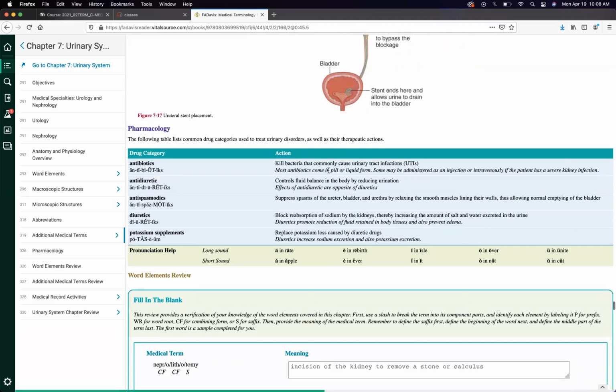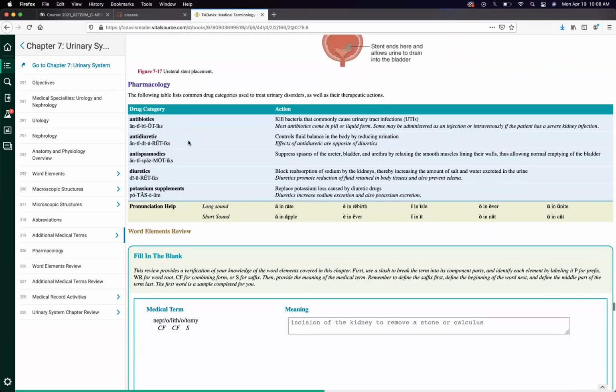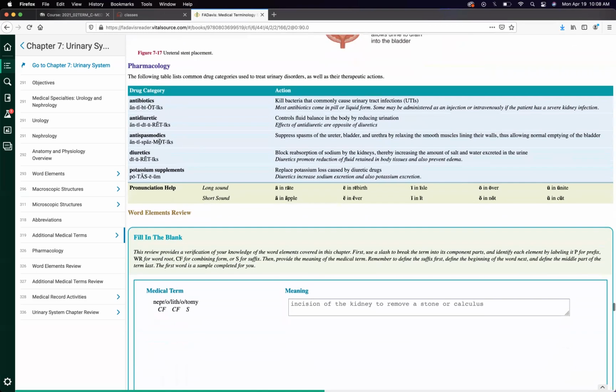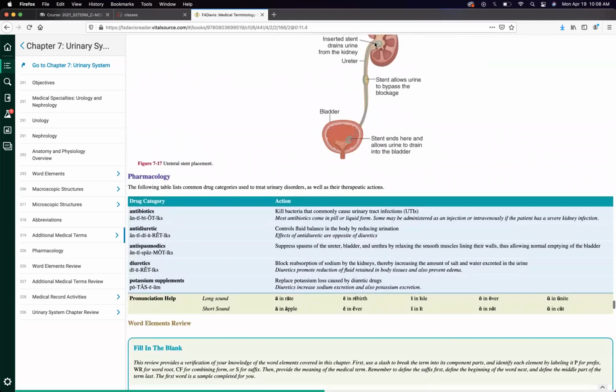Antibiotics, of course, deal with only bacteria. Antidiuretic, that's a pill that makes you stop urinating if you're urinating too much, or antidiuretic hormone. Its function is to stop you from urinating. Antispasmodics, well, I didn't talk about that yet, but in anatomy and physiology, this tube here and this bladder, they have muscles covering it.